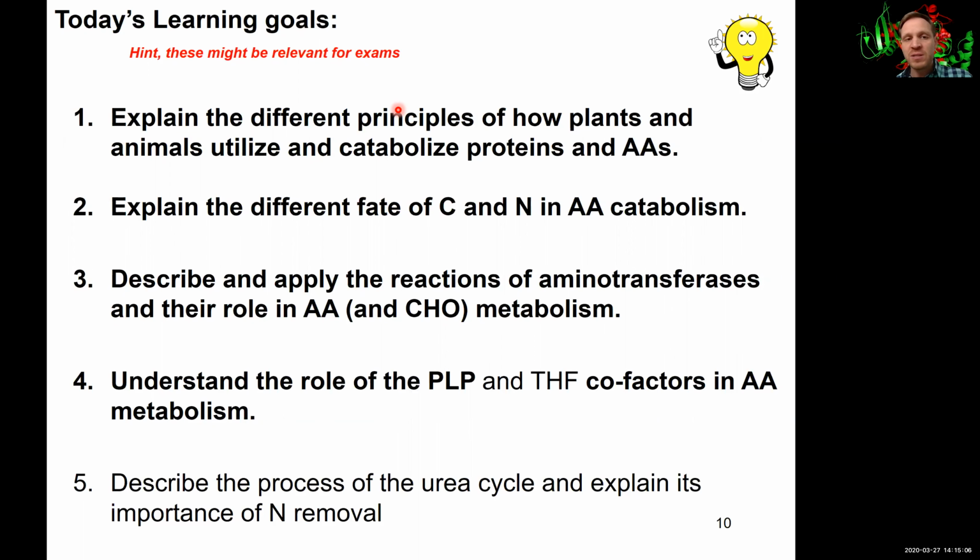I want to build on this now and specifically cover the material that will allow us to describe and eventually apply the reactions of these aminotransferases that are really key in amino acid and, to some degree, also carbohydrate metabolism. In this context, we also have to understand one of our key cofactors, PLP. So watch out for the supplemental video, where I'm covering the two cofactors that we will encounter as part of our lectures 14 and 15.